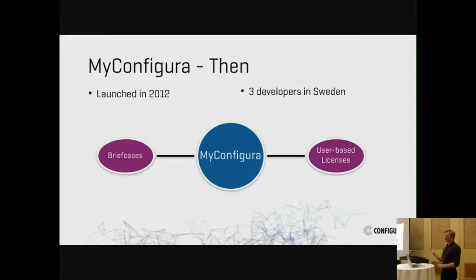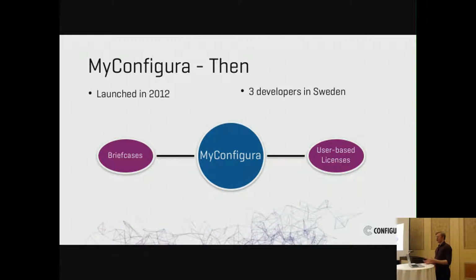Okay, so MyConfigura started in 2010 with the briefcases. It was just a summer project, and the idea was we wanted to get into the cloud. It was, I guess, when everybody started talking about the cloud, so we had to be there, of course.